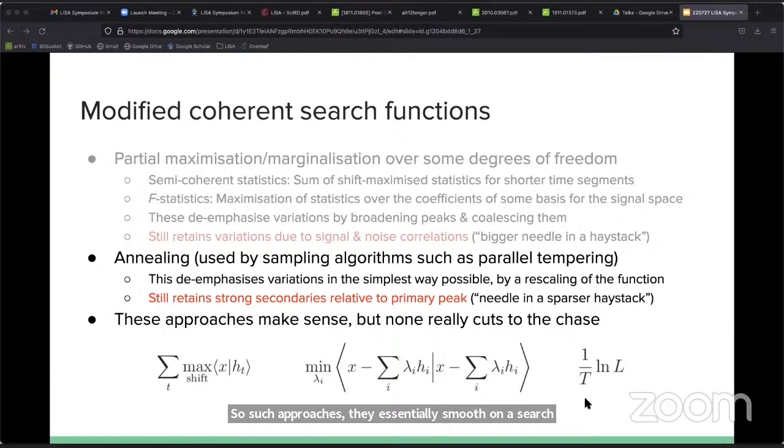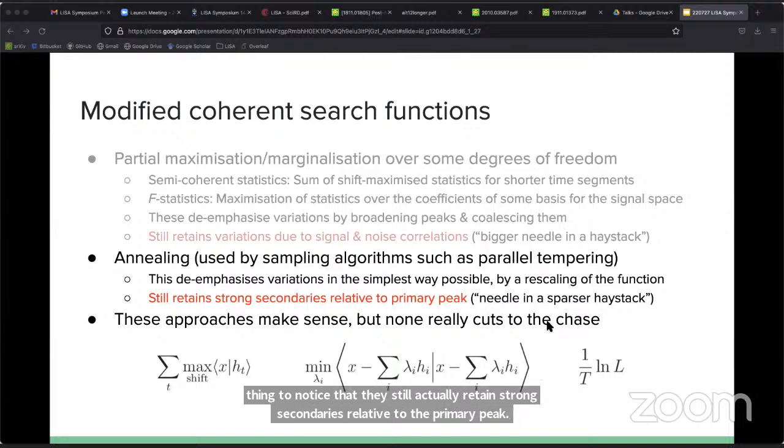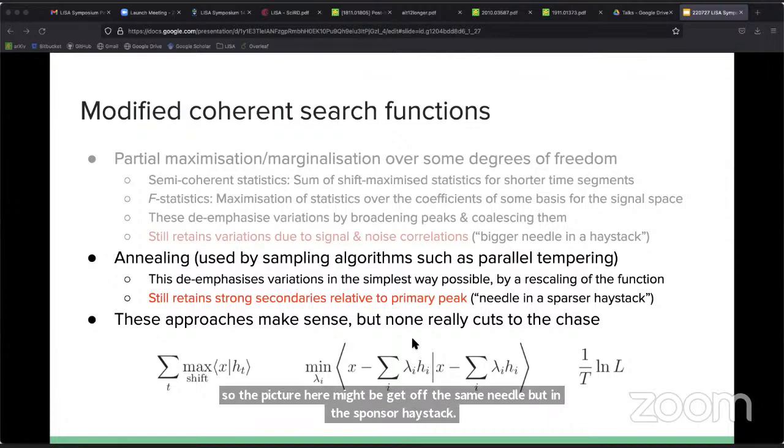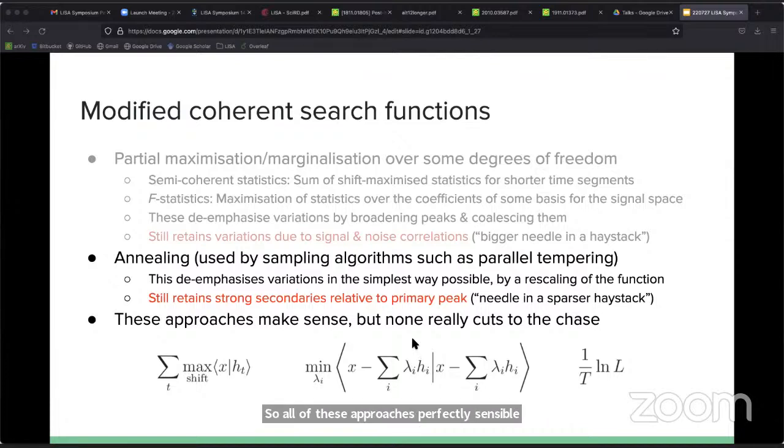But one thing to note is that they still actually retain strong secondaries relative to the primary peak. And so the picture here might be that of the same needle, but in a sparser haystack. So all of these approaches are perfectly sensible and they're quite well developed, but to me, none of them really seems to cut right to the chase.